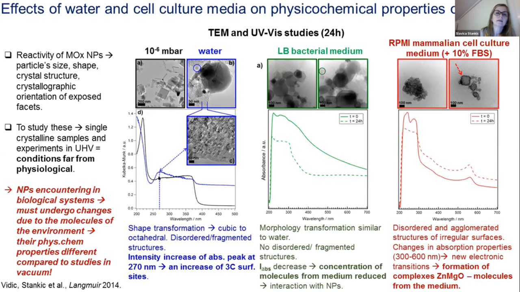This is then reflected in absorption in UV spectra, which is typical of these 3 coordinated ions. And this happens here the same, while in a biological medium we could see a decrease in the intensity, which in our opinion was due to the interaction with the molecules in the medium.